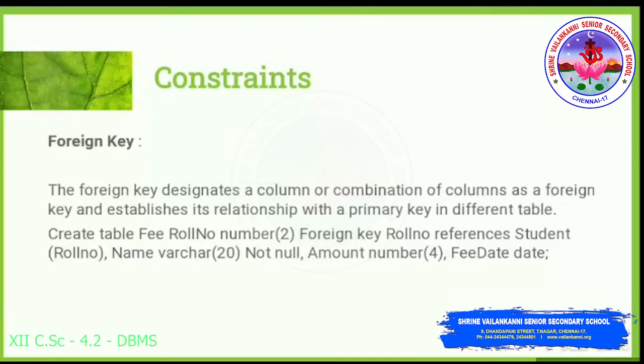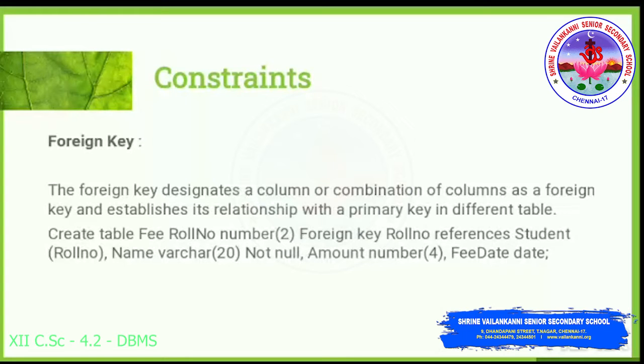Foreign key. The foreign key designates a column or combination of columns as a foreign key and establishes its relationship with the primary key in a different table. Create table C, roll number, number of 2 is the data type. Foreign key, we are giving the constraint.